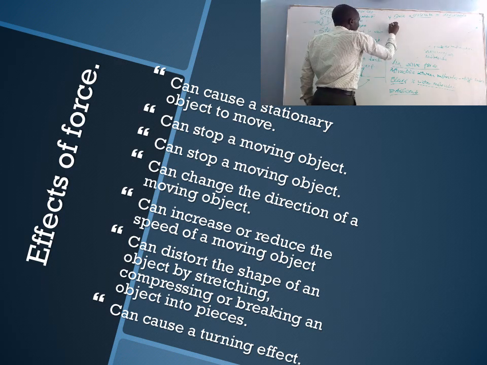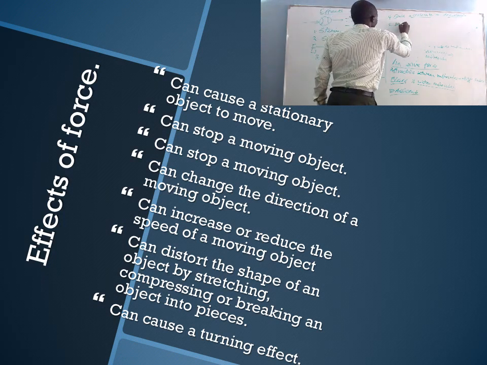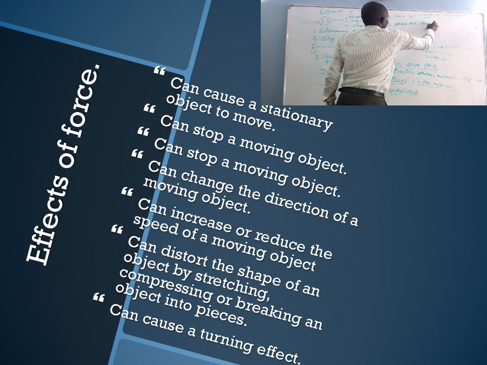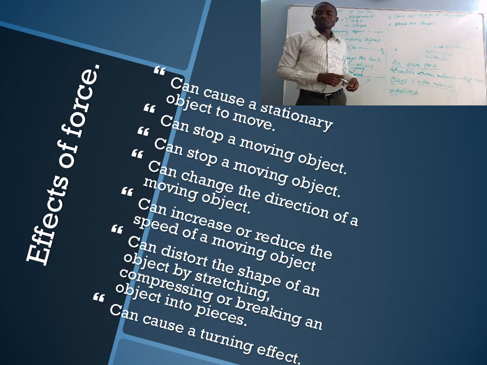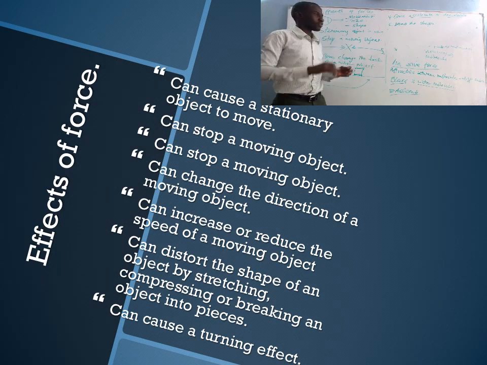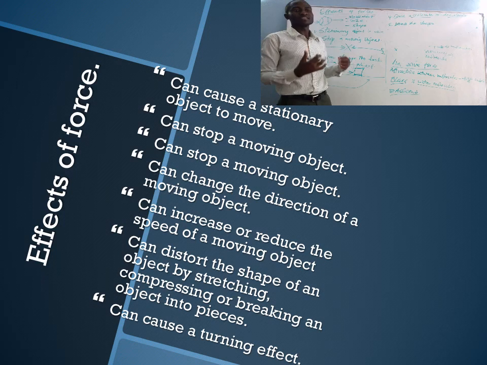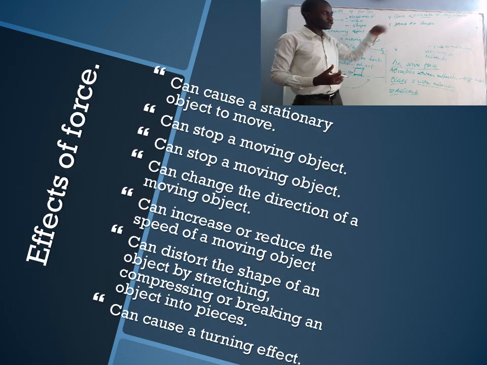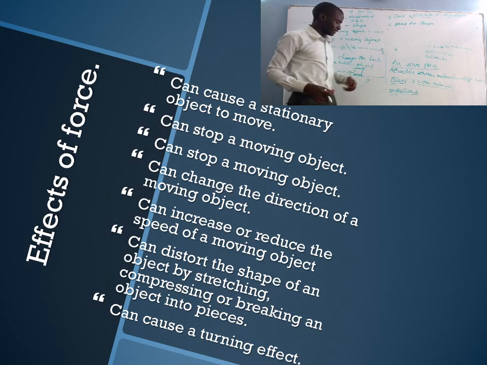Then another effect is that it can distort the shape of the object. Distorting the shape of the object means that the original shape of that object before the force was applied will not be the same as the shape it will have when the force has been applied.